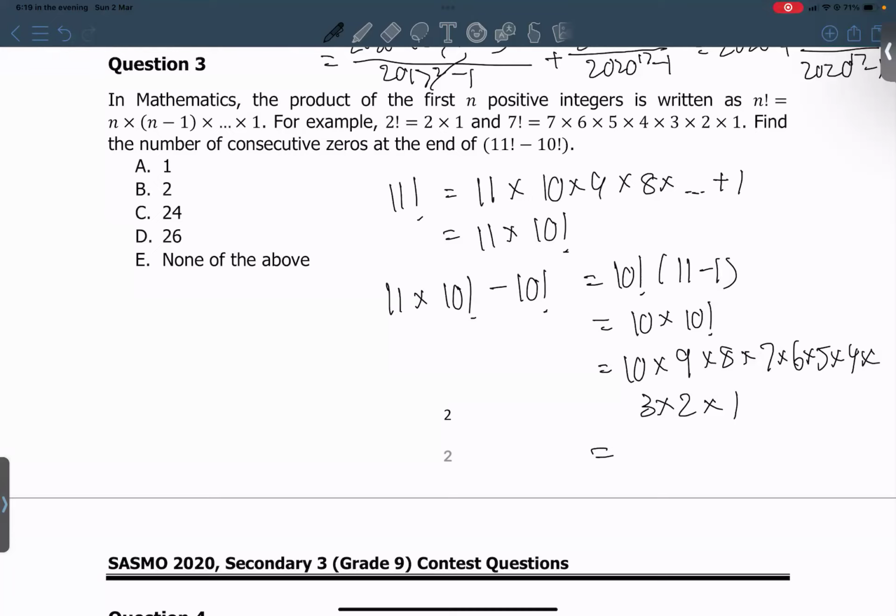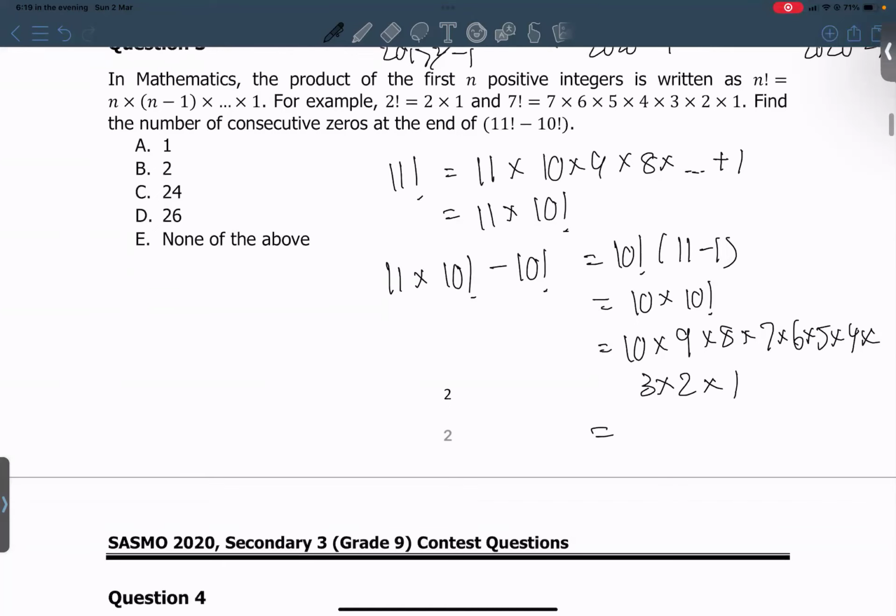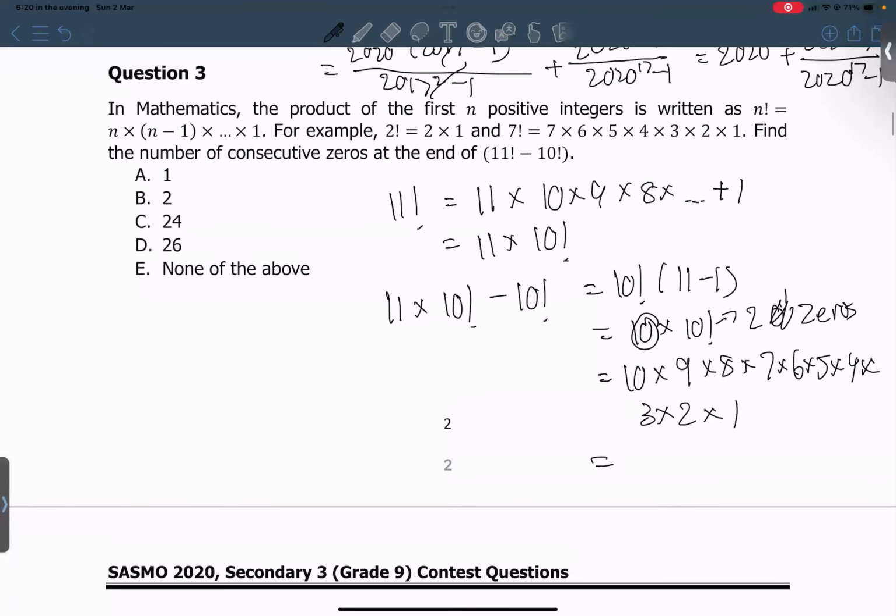In the 10 factorial, you can see there are 2 pairs of 2 and 5, because the 4 can be written as 2 squared. So there's going to be 2 pairs of 2 and 5 in its product, so in 10 factorial there are going to be 2 consecutive zeros at the end. And in this 10, you'll get another 0. So in total, you'll get 3 consecutive zeros at the end of the expression they ask for. In all of the choices there's no 3, so the answer is going to be E.